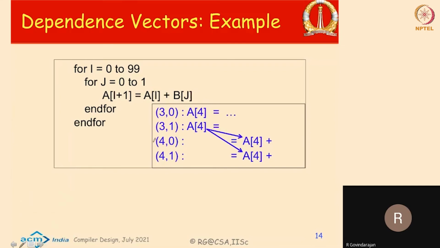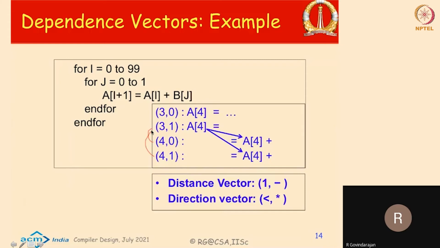Between these two, the distance vector would have been 1 comma minus 1, whereas if I look at these two, the distance vector would have been 1 comma 0. But in general, it actually holds for all values of j. Therefore, we say that it is 1 comma dash, or we can also put it as a star. So the direction vector is less than comma star. That's essentially the idea.